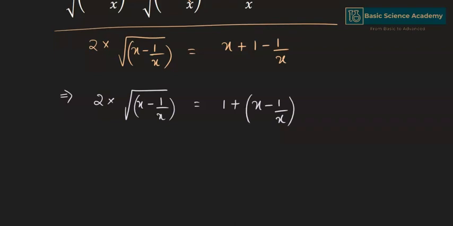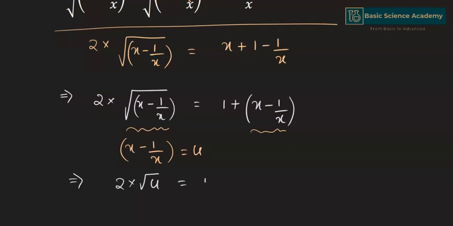In order to simplify this equation, let's consider x minus 1 divided by x equals u. Now this equation becomes 2 multiplied by square root u equals 1 plus u.